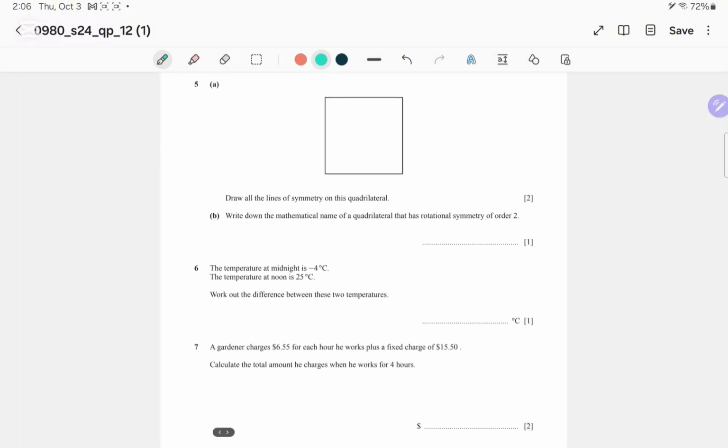Okay, can we go to the next question? Yeah, this one is the fifth question. Fifth question, A part. Draw the lines of symmetry on a quadrilateral. A line of symmetry is a line which gives a mirror image when you draw it. First we will draw a straight line from the top. This is equally half, you will get a mirror image. Similarly, when you draw a line like this, you will get an equally same image from top and bottom.